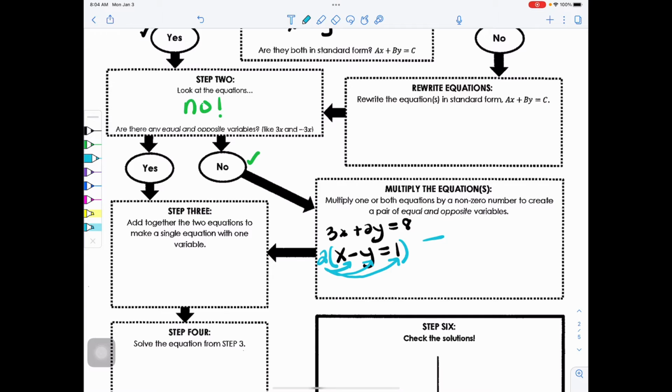So our new system is 3x plus 2y equals 8. But our second equation is now 2x minus 2y equals 2.